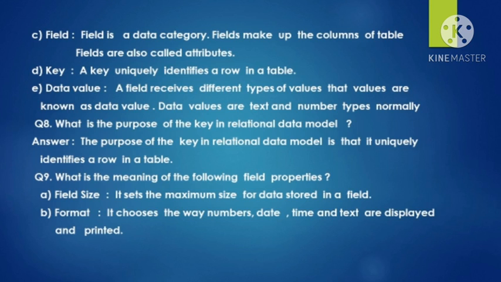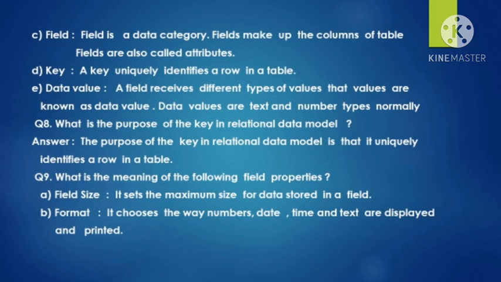Question number 8. What is the purpose of the key in relational data model? Answer. The purpose of a key in relational data model is that it uniquely identifies a row in a table. Question number 9.